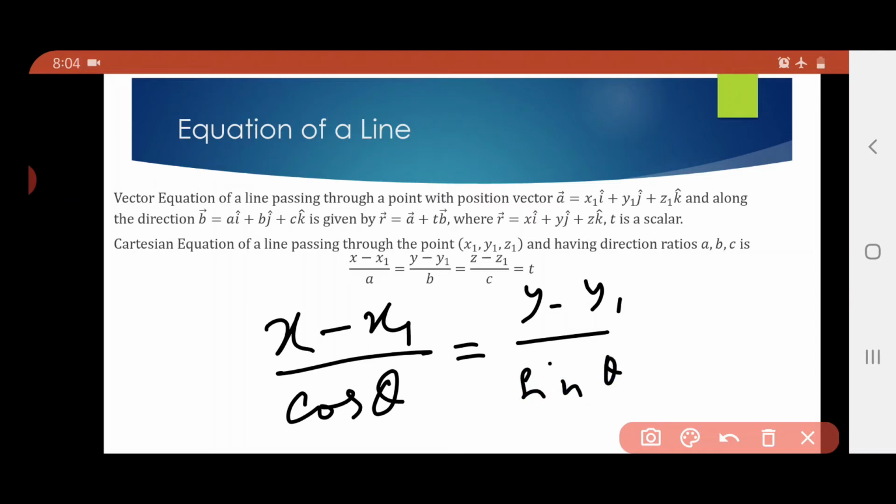If you remember this form, this is called the symmetric form of straight line in 2 dimensions. Now, as we can write the equation of a straight line in 2 dimensions in many better forms like the slope intercept form or the intercept form or the general form, we don't make use of this symmetric form in 2 dimensions, but in 3 dimensions this is the only form available to write the equation of a straight line.